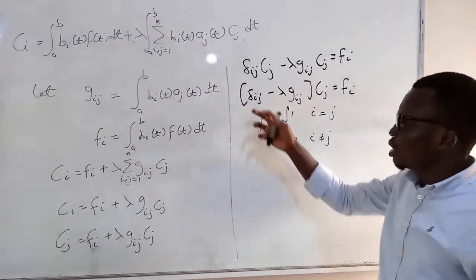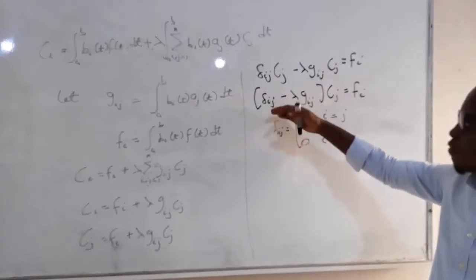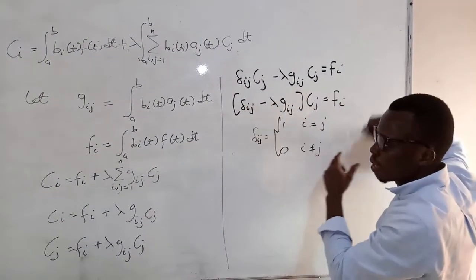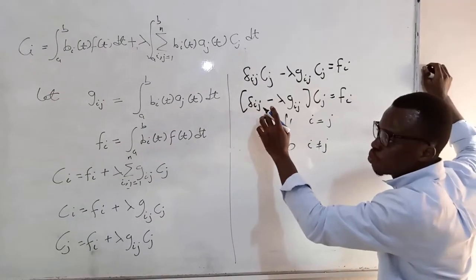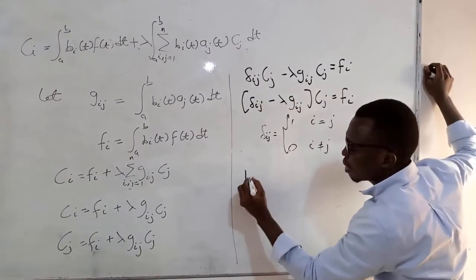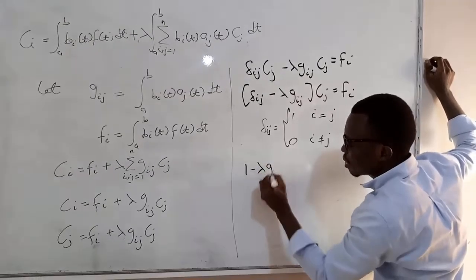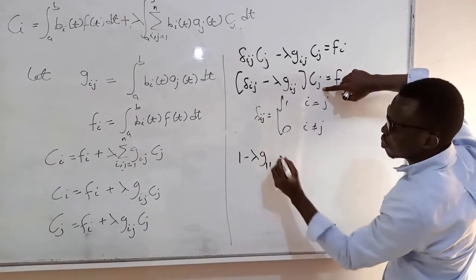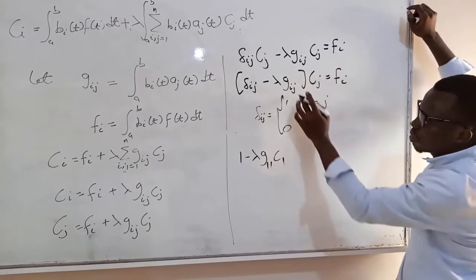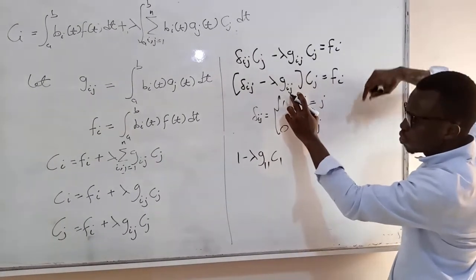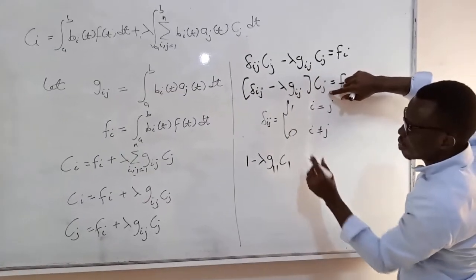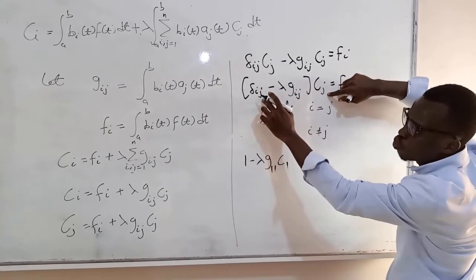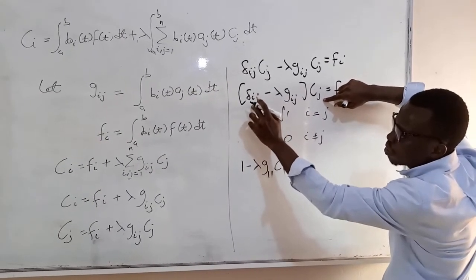So let's generate a system of equations from this relation. When we have i equal to 1, and j equal to 1, we're going to have 1 minus lambda J11 times C1. Now here the j is a column, so it runs through. So the next one is delta ij, when i is 1 but j moves to 2, this becomes 0.